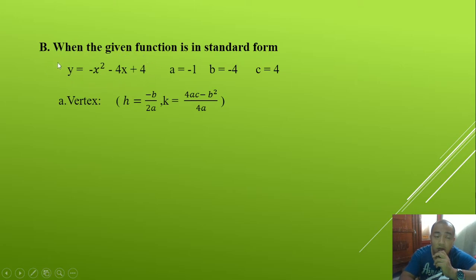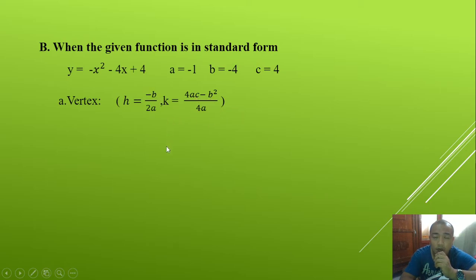We know that when it is in vertex form, it is easier. So when it is in standard form, we will use the formula for the vertex. Let us first identify the values of a, negative 1, b, negative 4, c, 4. So that the vertex h formula is negative b over 2a, while k is 4ac minus b squared over 4a.